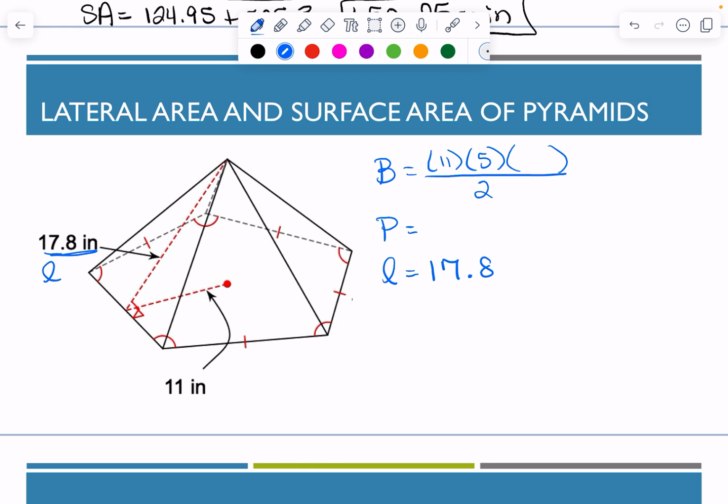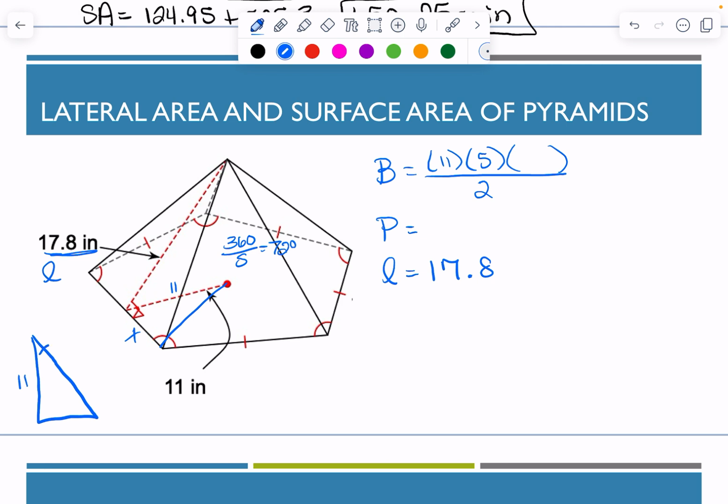Okay, so now my next step is I need to connect that to the side. I know the apothem is 11. I'm looking for x. So if I cut out that triangle, here's what we now have. I know this is 11. On a pentagon, remember, 360 divided by 5 is 72 degrees.